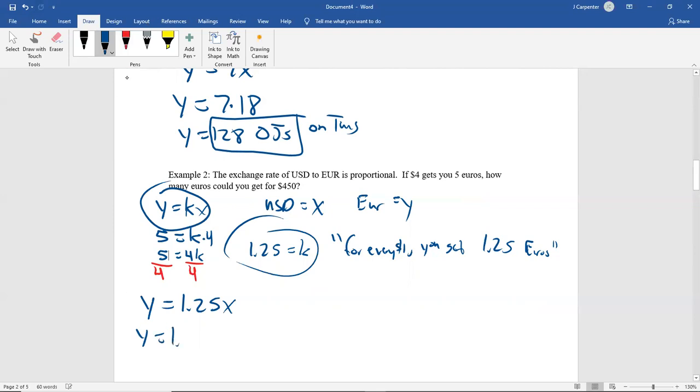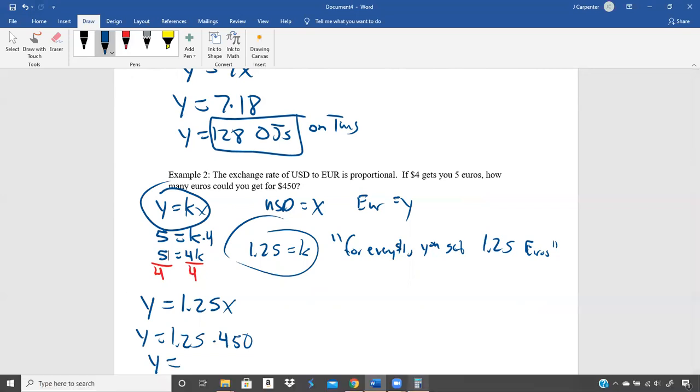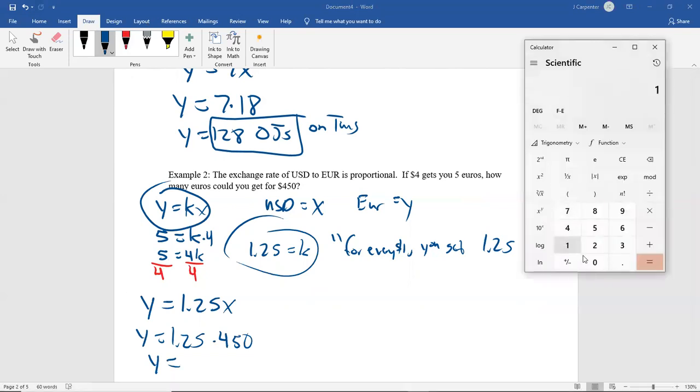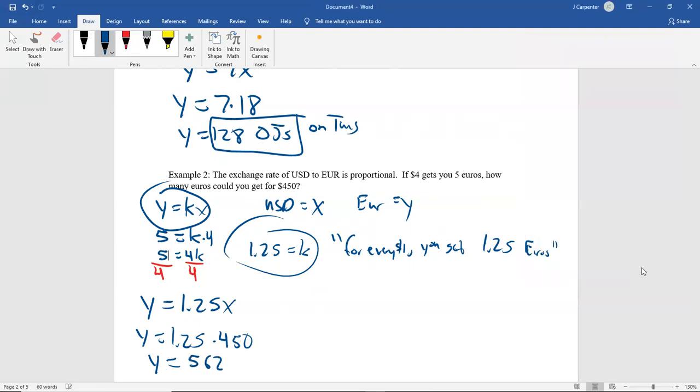But this will be y equals 1.25 times 450. And we get 562 and a half. 562.5, maybe 0.50 because we're talking money, and give the exact type of money we are talking about, euros.